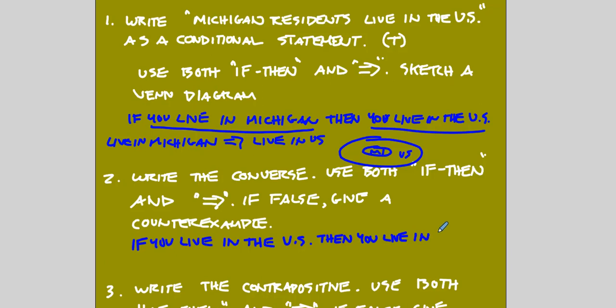I'll use MI for Michigan. Okay, so then live in the US implies lives in Michigan. Okay, well, that's a false statement, and we can give a counterexample. I'll just put CE here for counterexample. You live in San Diego, California.